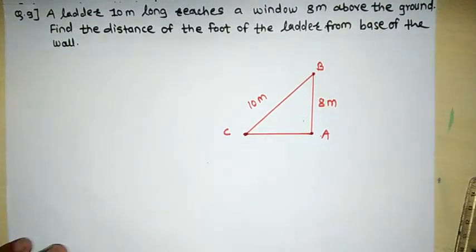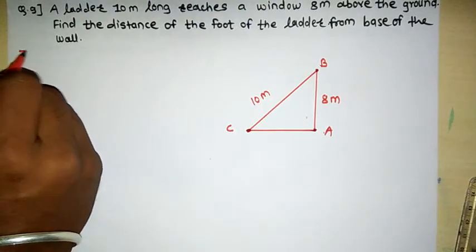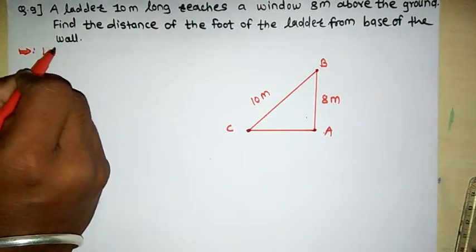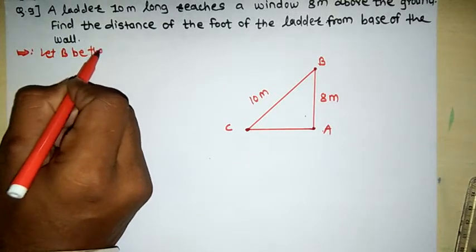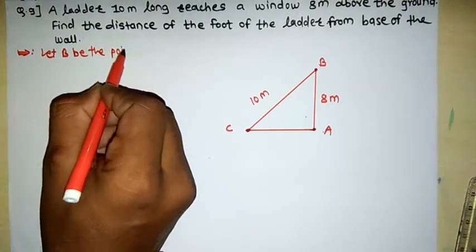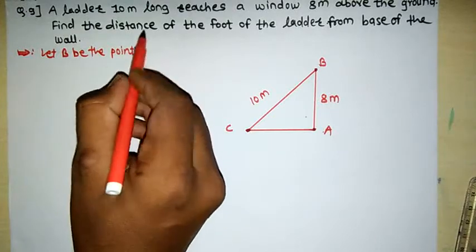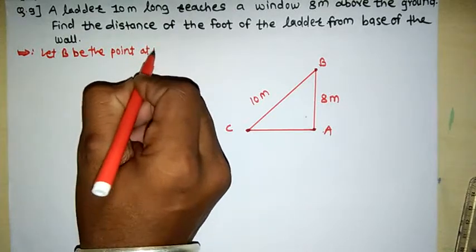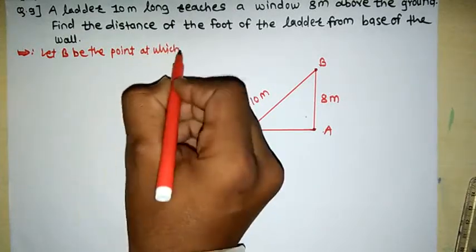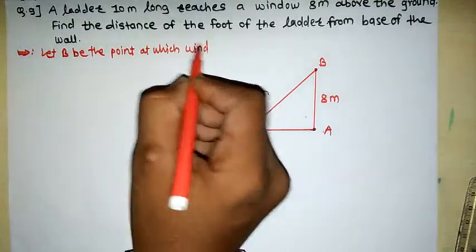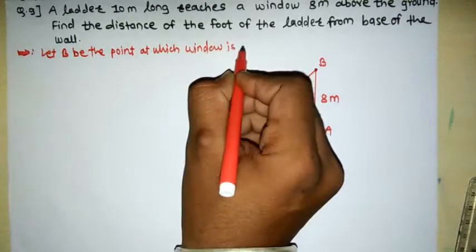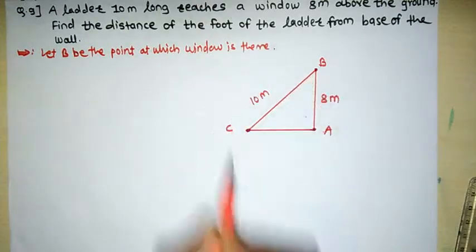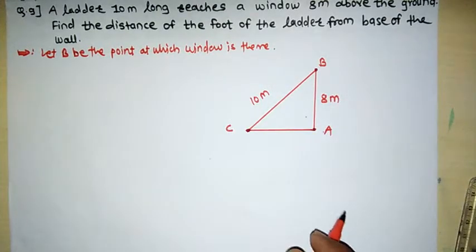Let us see how to find. Let B be the point at which the window is there.